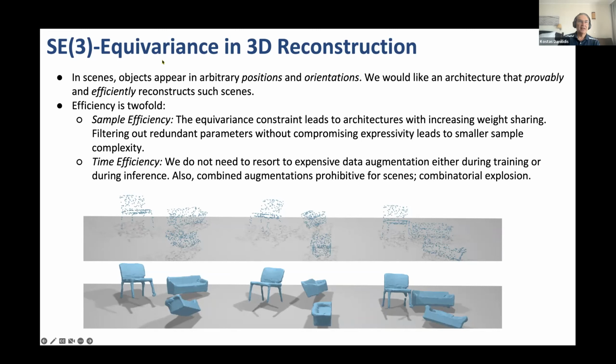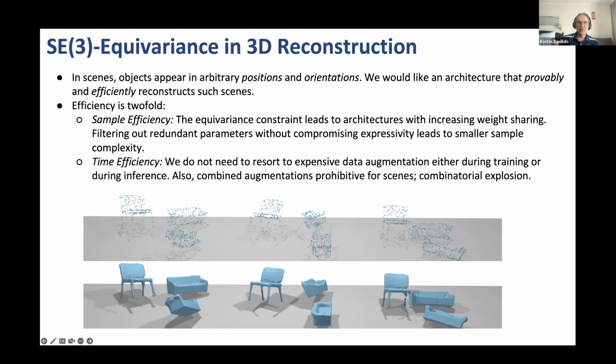So there is a practical need, not only in terms of avoiding augmentation, but in terms of not wanting to train on scenes. And so that every object can be reconstructed independent both of orientation and of position.